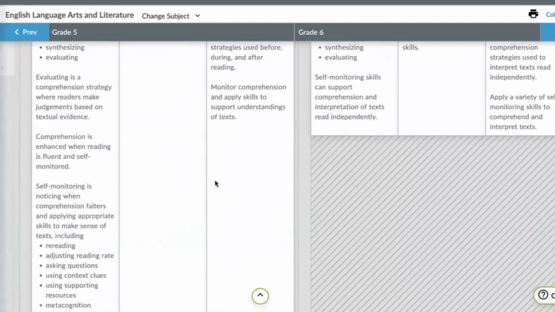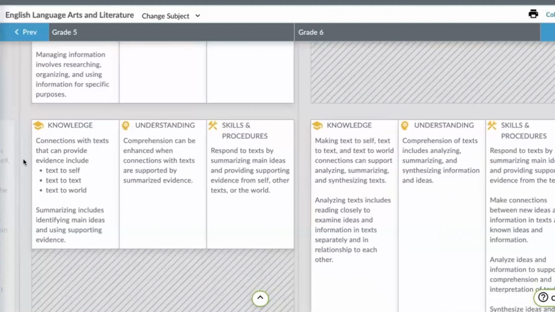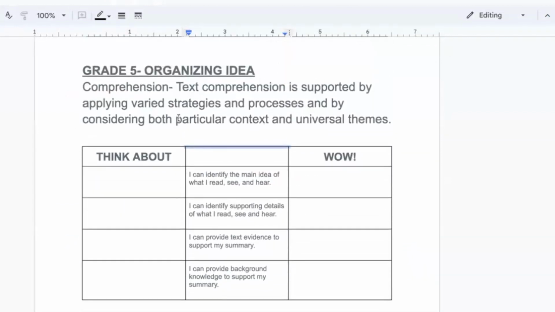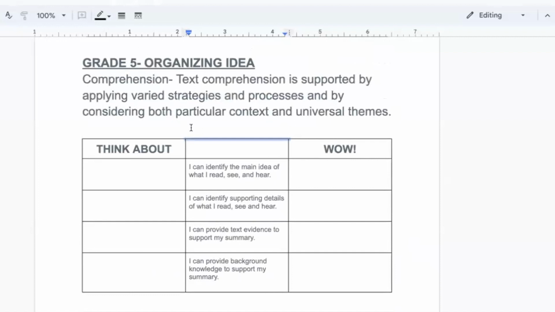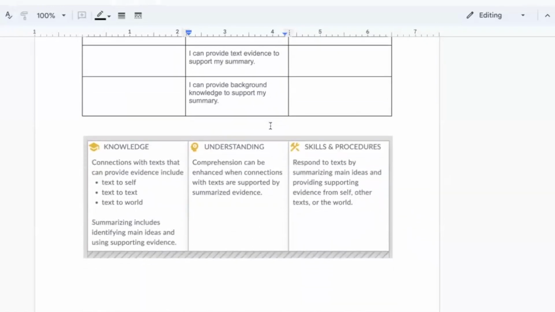When you look down at the cusps, we actually went down to the second idea. This is where we screenshotted the knowledge, the understanding, the skills and procedures that became part of that rubric for our grade 5 example. And so when you're putting that rubric together, it is knowing what your organizing ideas are in your curriculum, and then figuring out what the cusps are.